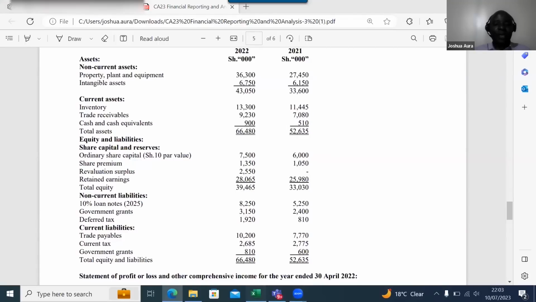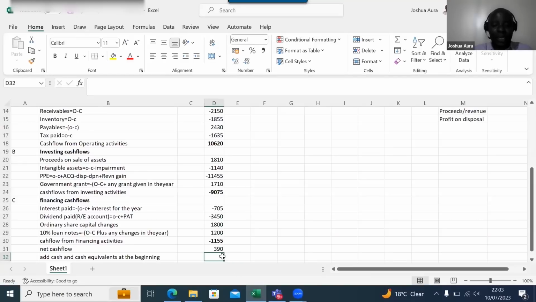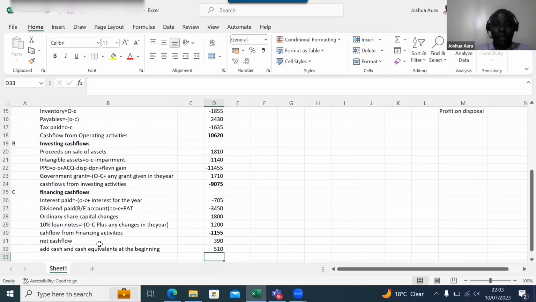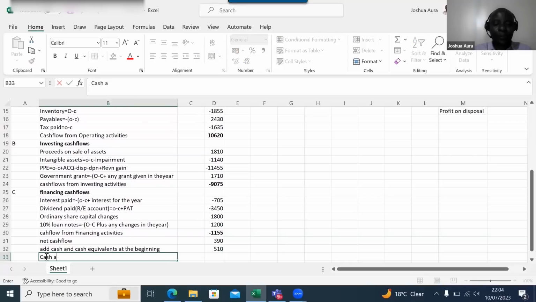So then, ladies and gentlemen, you have this 510 here. And then now we need to come and add the 2 for us to be able to get here the cash and cash equivalents at the end.